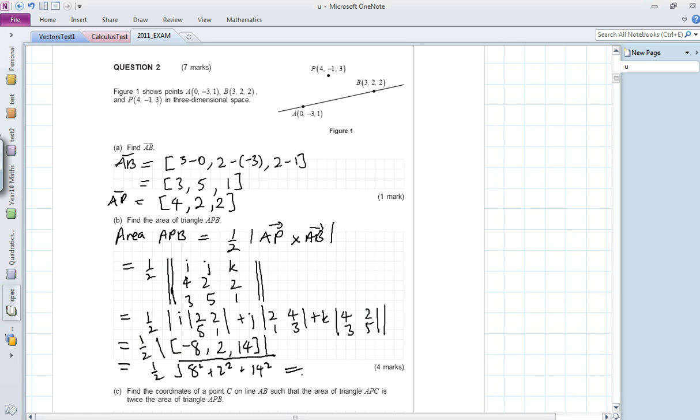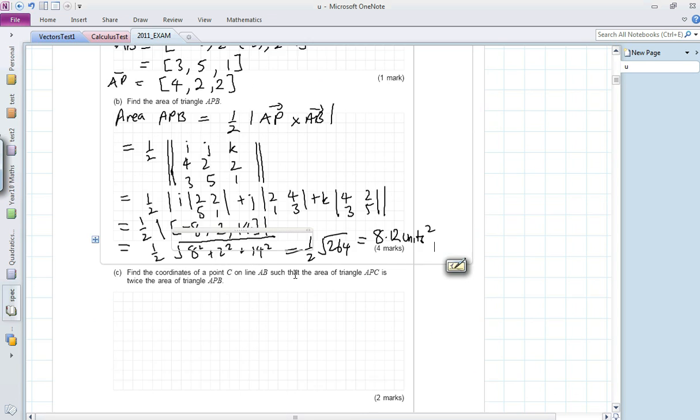By the definition of the modulus, at this point we just put it into the calculator. So it's a half square root of 264, which is going to give us an answer of 8.12 square units. There we are, so that's part B finished.